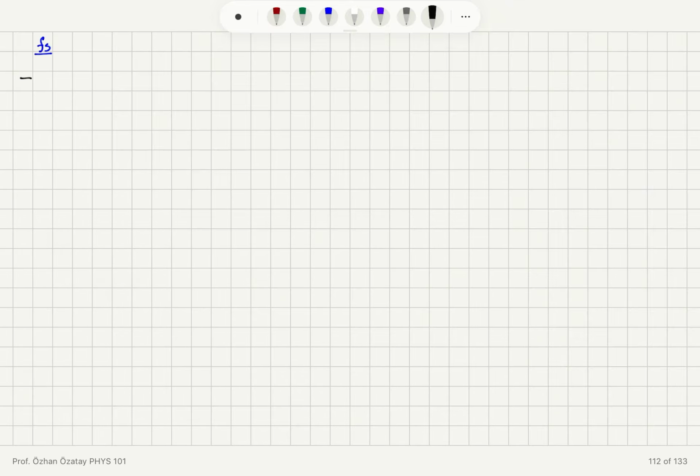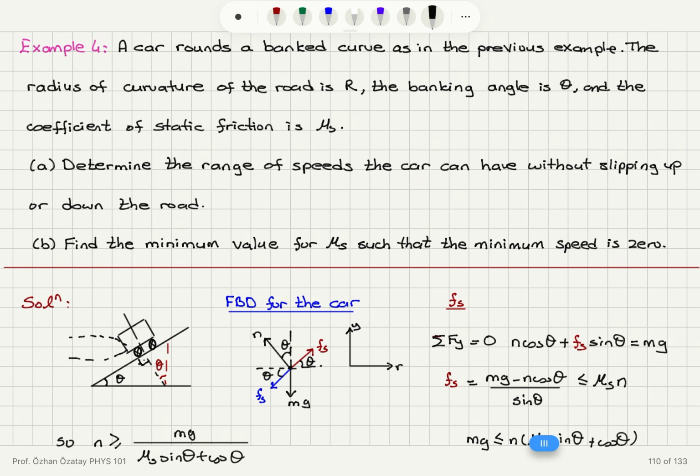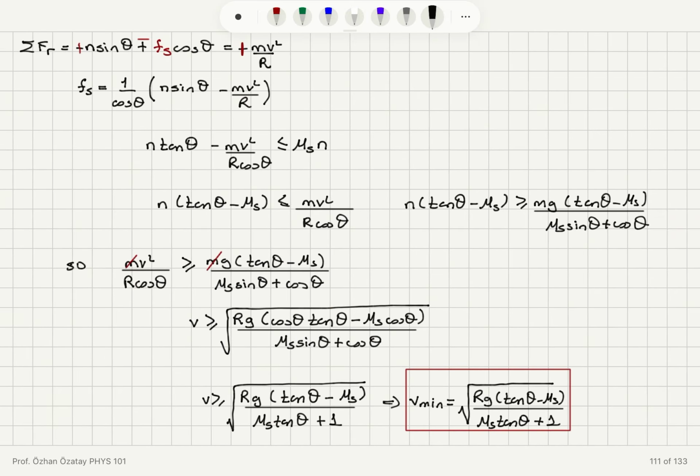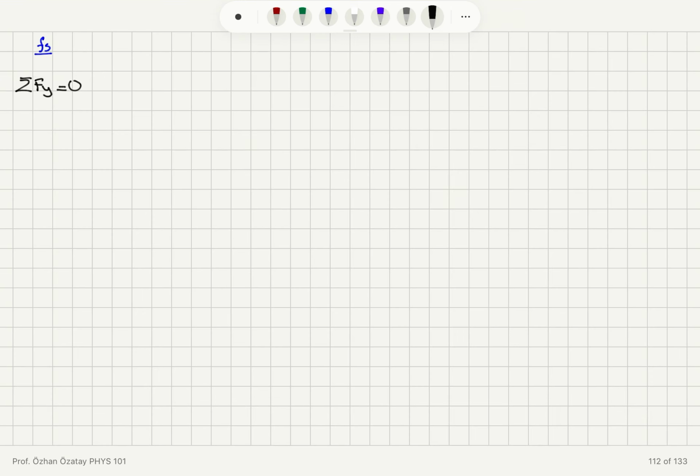Once again, I can write the net force on the y-axis should be 0. This will give me, let me check, n cosine theta minus fs sine theta minus mg equals 0, or this can be written as n cosine theta minus fs sine theta equals mg, for the second scenario.